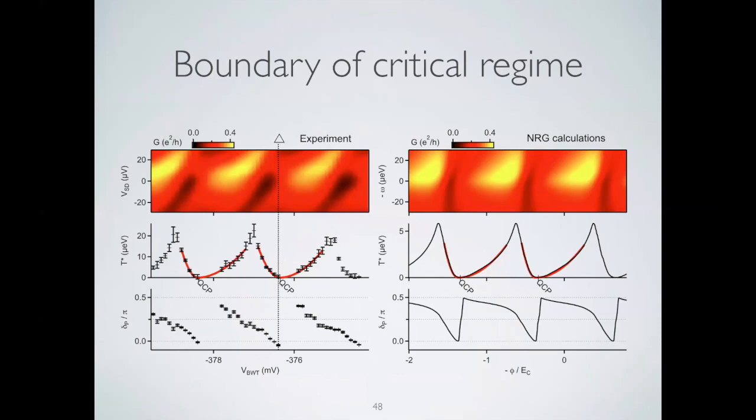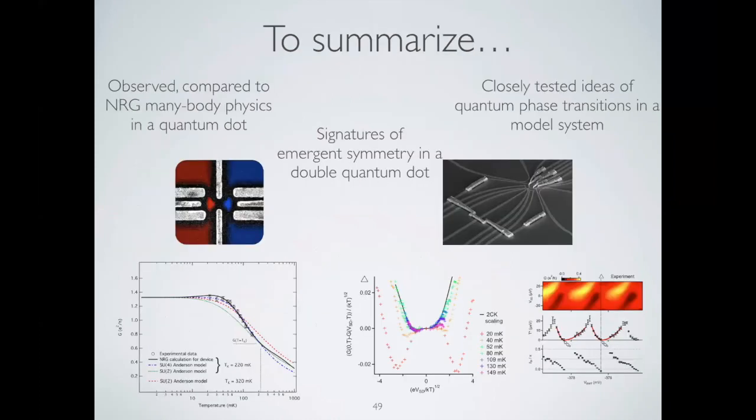I think the color scales are just arbitrarily scaled, but otherwise there are no free parameters here. So to summarize where we've gone so far, we've done some pretty detailed calculations of many-body physics in a quantum dot, a double quantum dot, and a system that shows a quantum critical point, a quantum phase transition, and tried to increasingly rigorously challenge the state-of-the-art calculations.